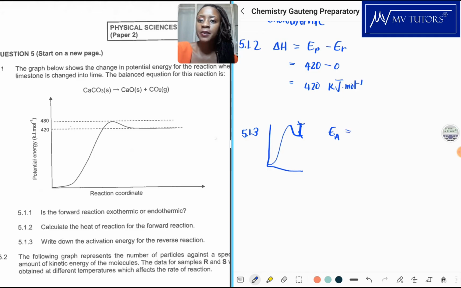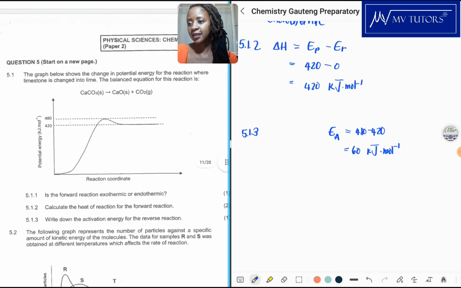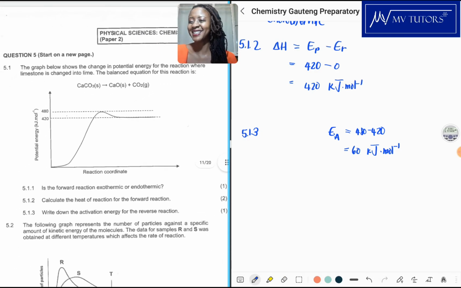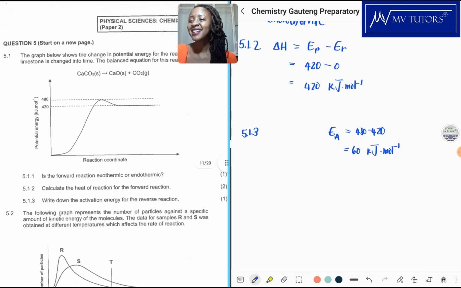It's basically going to be 480, or the difference there, difference here. So it'll be 480 minus 420. And that will basically be 60 kilojoules per mole. Okay, just remove that, but yeah, you understand, right, how we got to the activation energy. And this is still early days, but yeah, 1 mark, because they know you can read it off.